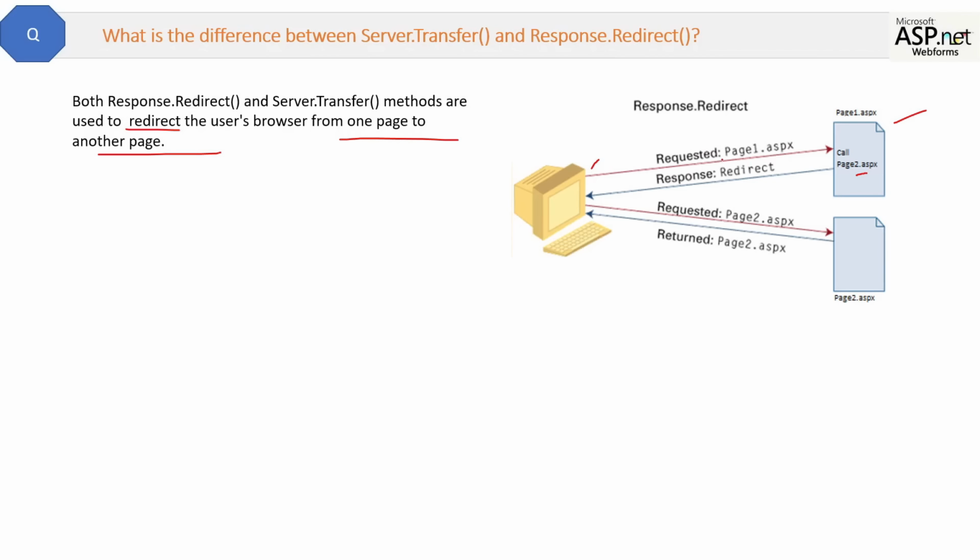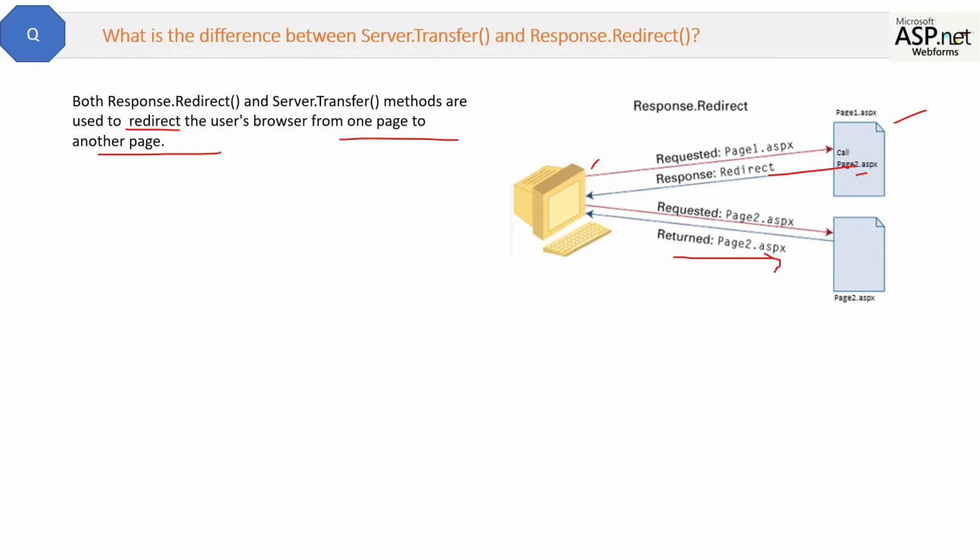If you are using Response.Redirect, it will send the response back to the client, and then the client will again request the new page, which is Page2.aspx. This is what we call a round trip. When you are going from position A to B and then you have to go to position C, you come back to A and then go to C. That is the round trip. And you can understand why it is not good, because it is not very performance friendly.